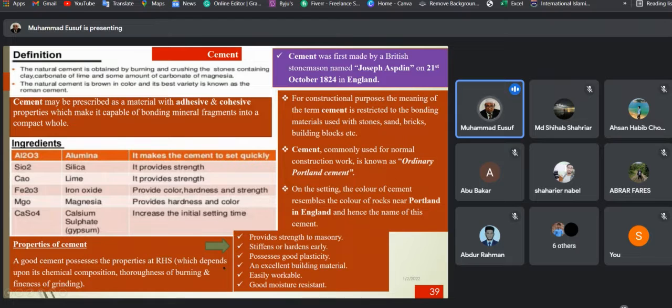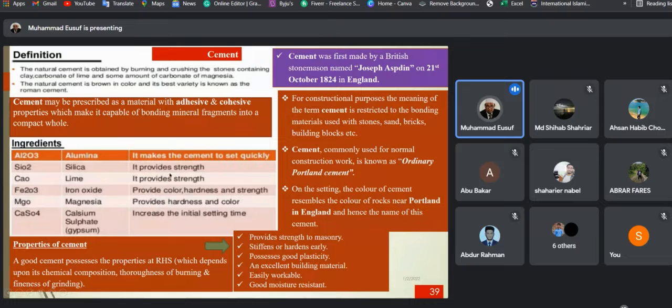Silica, it provides strength. Silica is SiO2, it provides the strength.